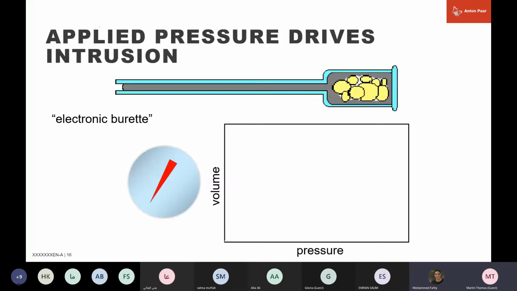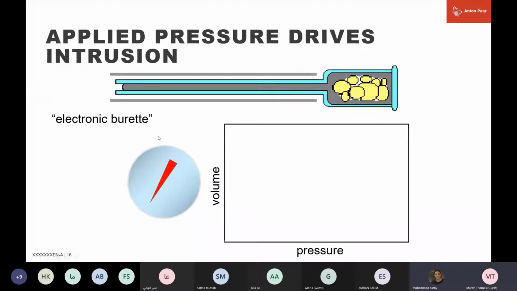Or if this were a powder material, then these would be the interparticle voids between all the powder particles. Now, this stem serves as what I like to describe as an electronic burette. The instrument can follow the movement of mercury out of the stem as the mercury moves into the pores. Sometimes this animation works, sometimes it doesn't.